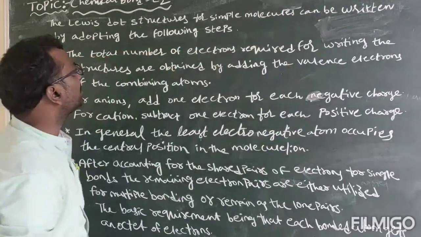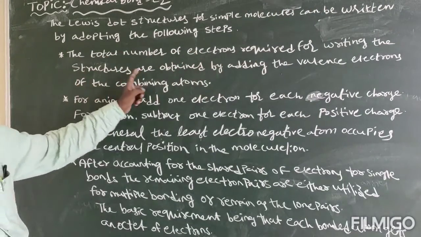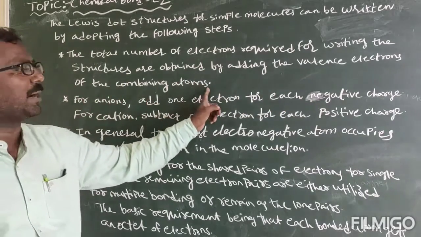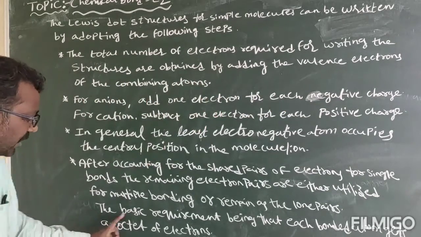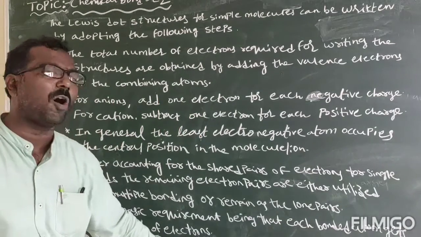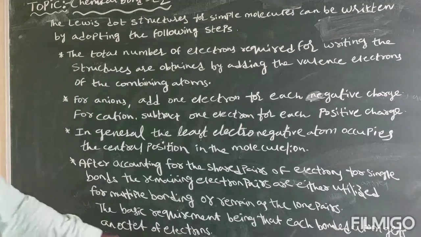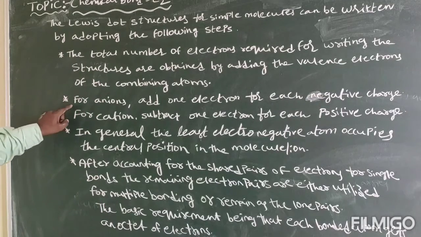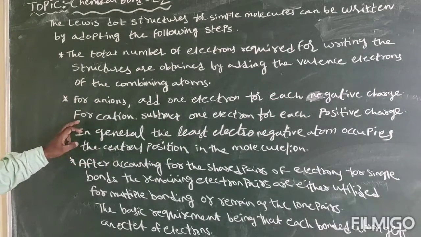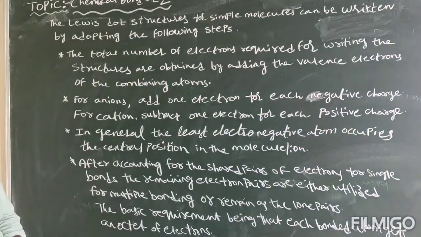First rule is what? The total number of electrons required for writing the structures is obtained by adding the valency electrons of the combining atoms, and the basic requirement being that each bonded atom gets an octet of electrons. That is most important. Next thing is what? For anions, add 1 electron for each negative charge, and for cations, subtract 1 electron for each positive charge.